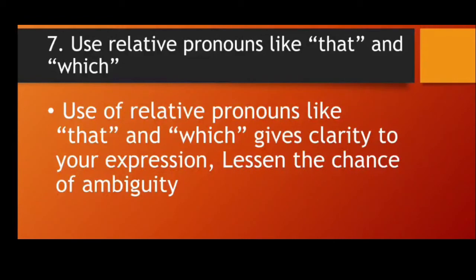So it's good to check that the pronouns have been included rather than assumed, because it might lead to misconception or confusion. If you do not use the relative pronouns that and which, your readers might get confused about what you are talking about. So it will give clarity and improve understanding.